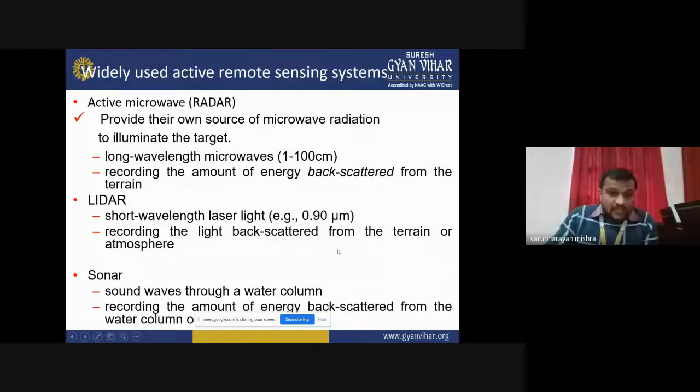And lidar is also a kind of active remote sensing in which we use shorter wavelengths of electromagnetic radiation as laser light to record some of the backscattered energy from the terrain, the target, or atmospheric particles.